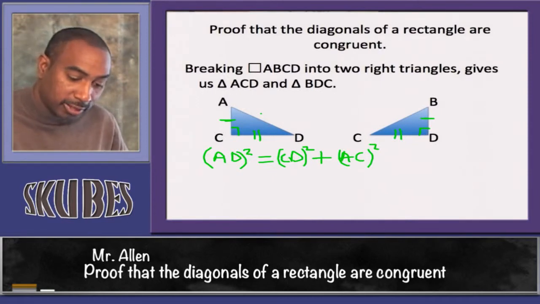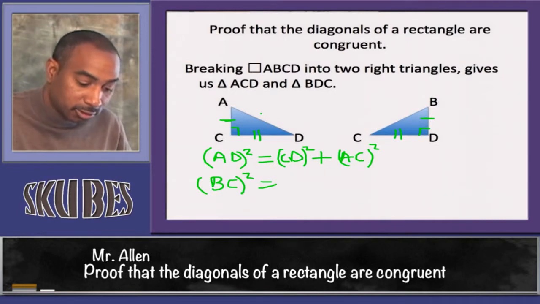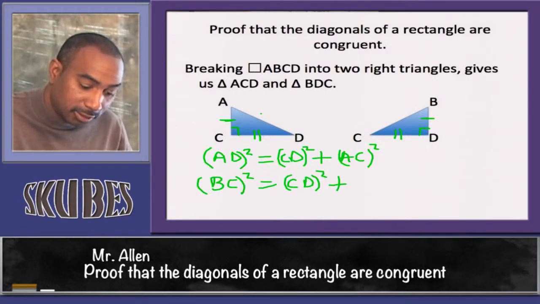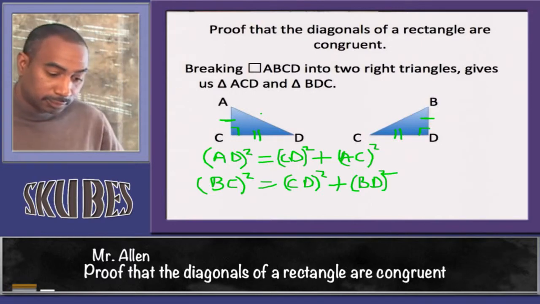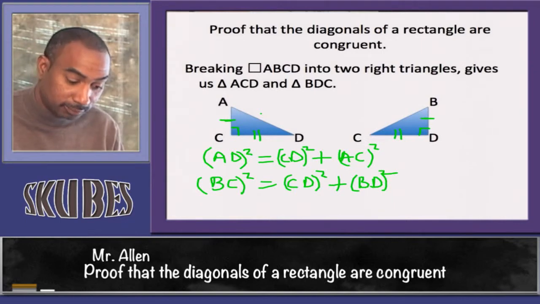And likewise, in the other triangle, the hypotenuse is going to be BC, and that's going to equal the sum of the squares of the legs. That's also CD squared plus BD squared. Okay? This is true because of the Pythagorean theorem. That works for all right triangles.